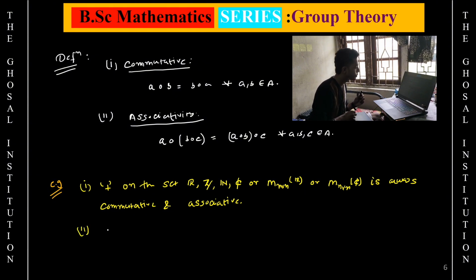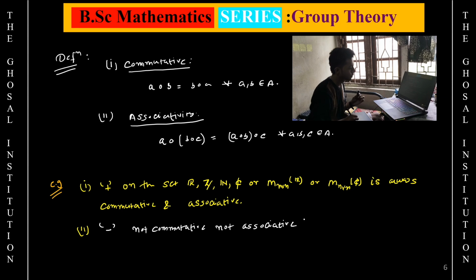if you're talking about the minus symbol, it is not commutative in any set. If you're in the real numbers or whatever set, it is not commutative. Why? Because if you do 1 minus 2 and 2 minus 1, both will not give the same answer, right?